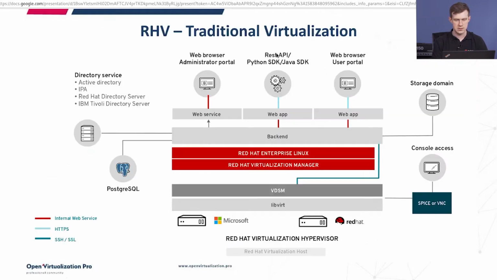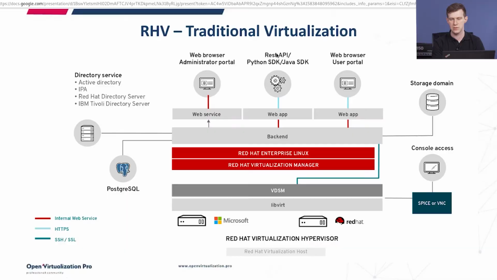Yep, exactly. Okay, let's go for it. Let's start from the basics. When we talk about virtualization or hyperconverged, where virtualization is one of the two main players, we need to talk about Red Hat Virtualization, which is the key component for this hyperconverged infrastructure.